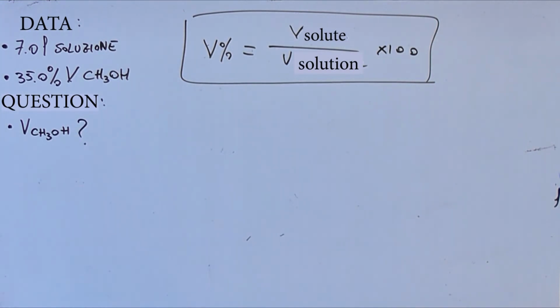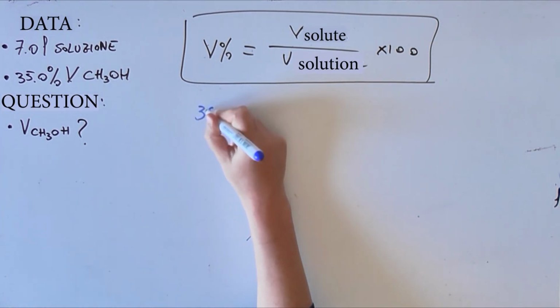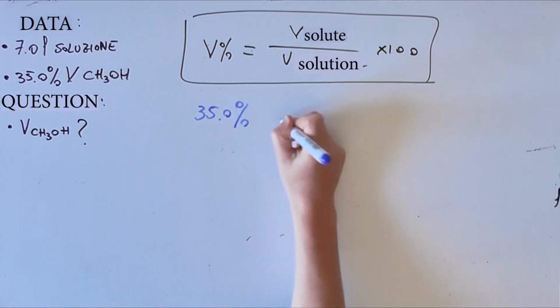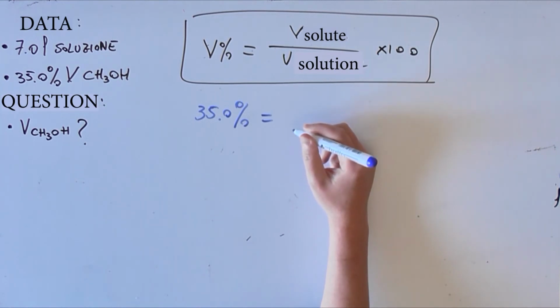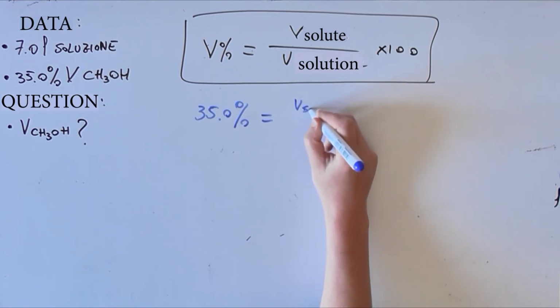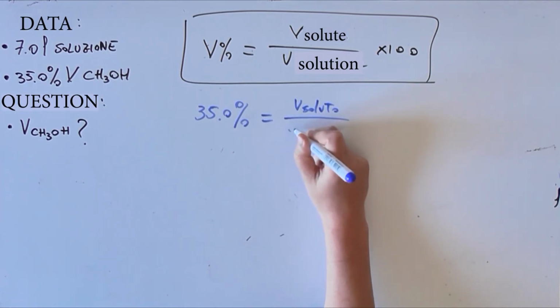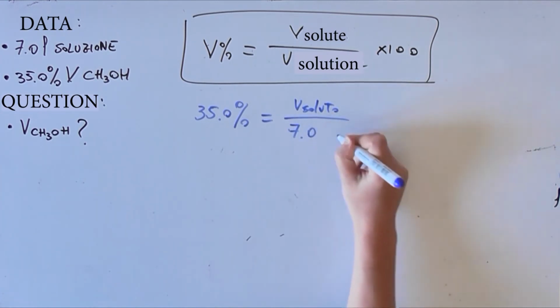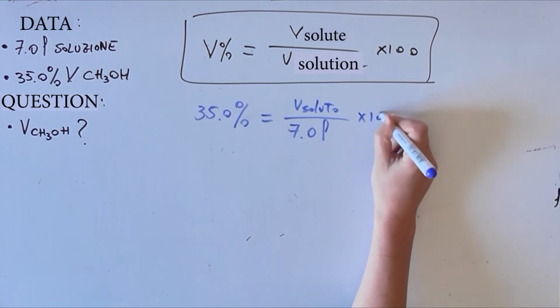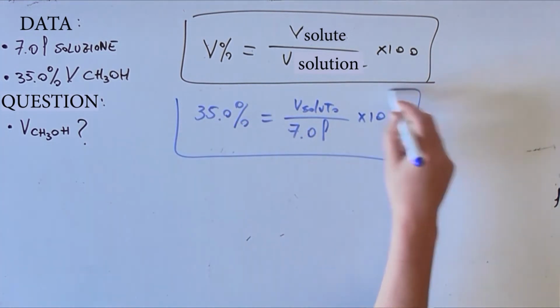What is the volume of methanol we need? We have to put our data inside the formula, and then it will be easy to solve this problem. Let's write 35, which is the percentage of our solution, and then the volume of solute, which is the volume of methanol, divided by the volume of solution, which is 7 liters, times 100.